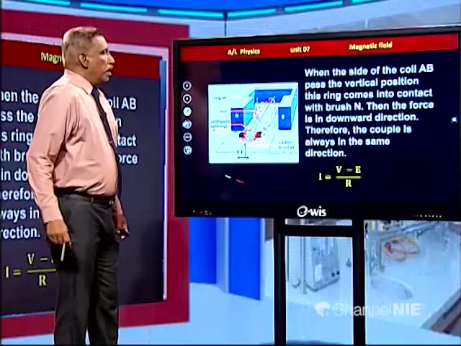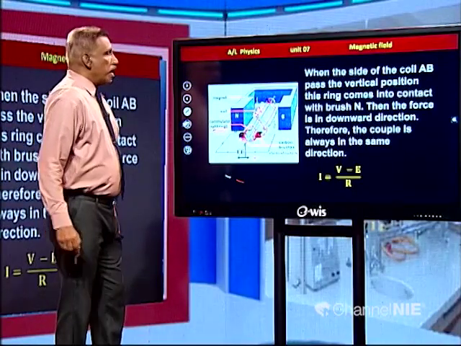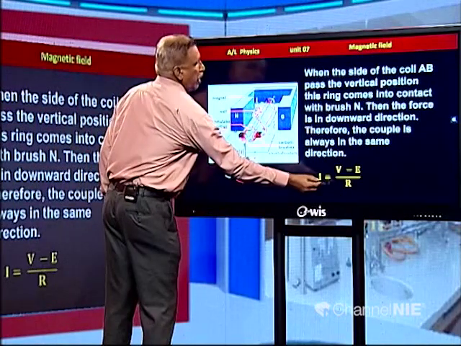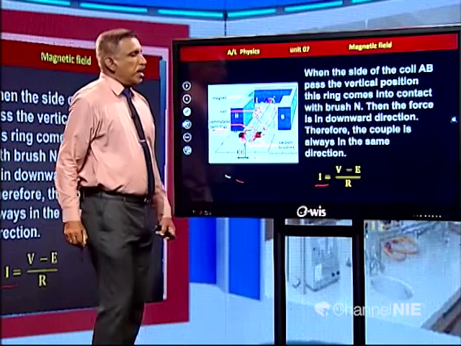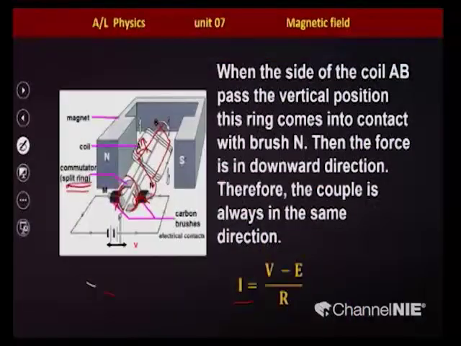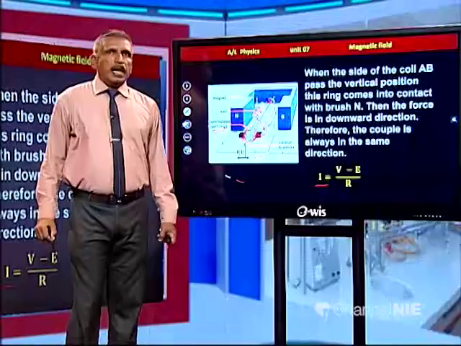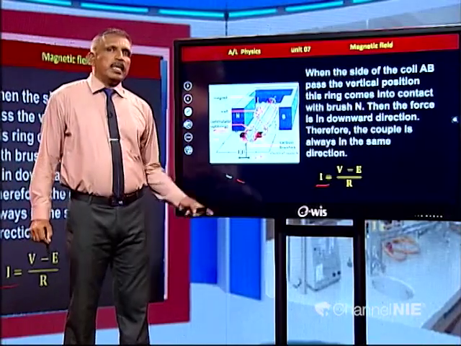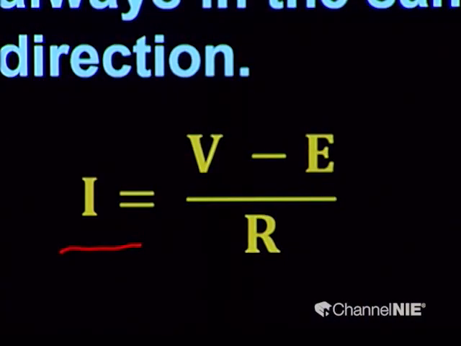Now, the current in a motor is always denoted as I = (V − E)/R. Here V is the applied voltage, E is the back EMF, and R is the resistance of the coil.